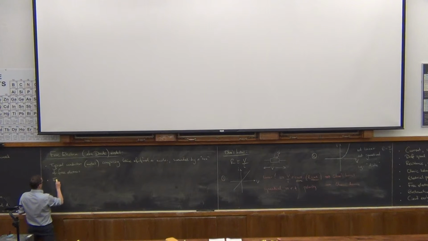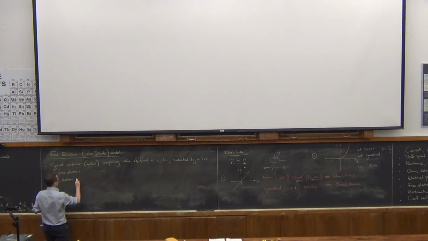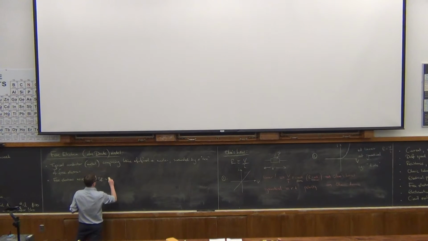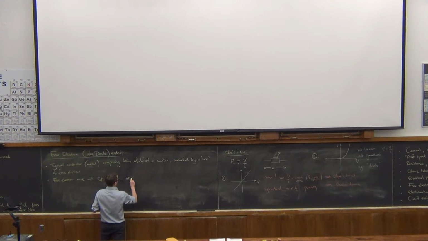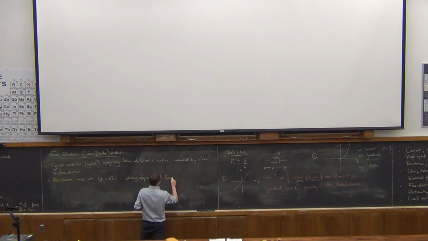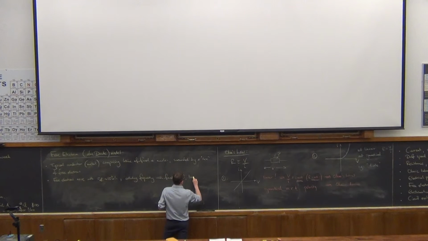So these free electrons are moving with, I'm going to call this an effective speed, Vf, of around 10 to the 6 meters per second, colliding frequently with fixed nuclei and bouncing off.